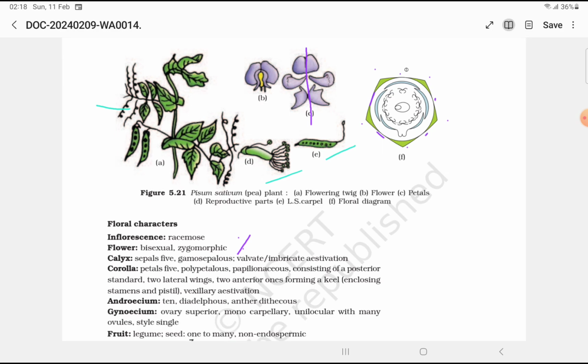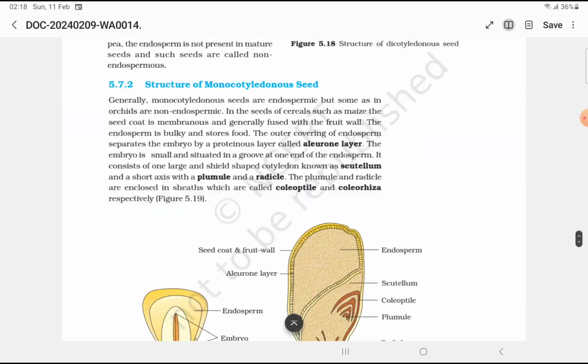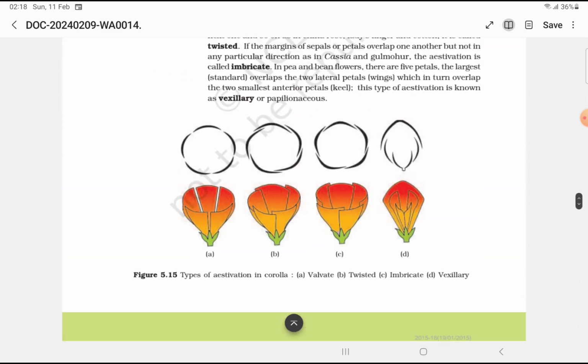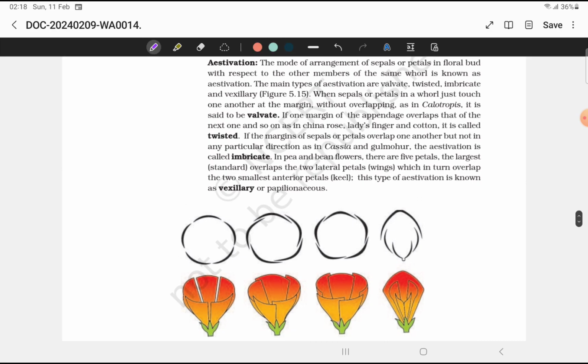I'll just go back to the aestivation of calyx and corolla for your reference. You can see this is the valvate aestivation, wherein the margins are not overlapping or being overlapped. And this is the imbricate aestivation. Look here, this one is completely out, both the edges are out. This one, both the edges are in.